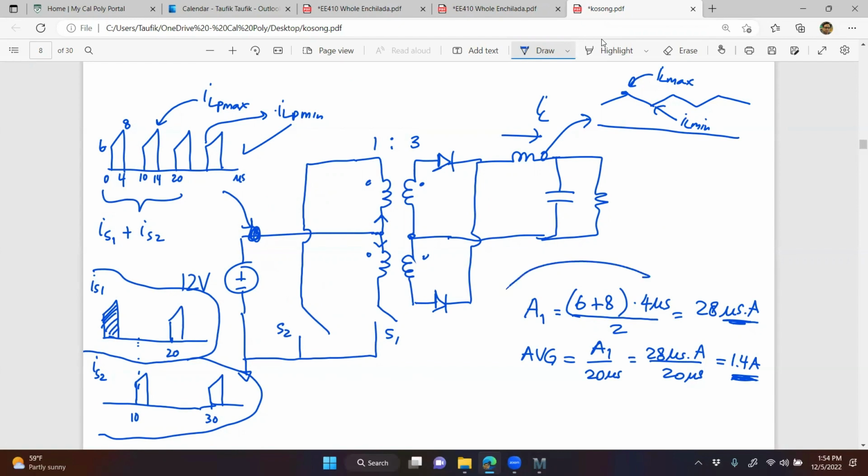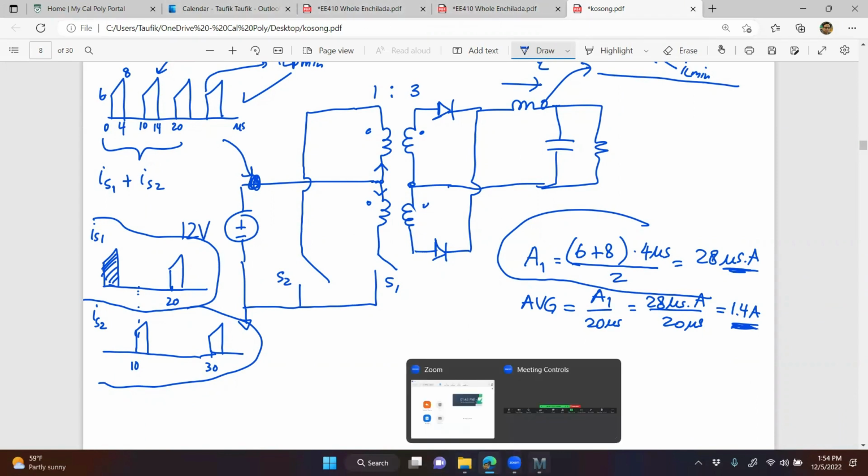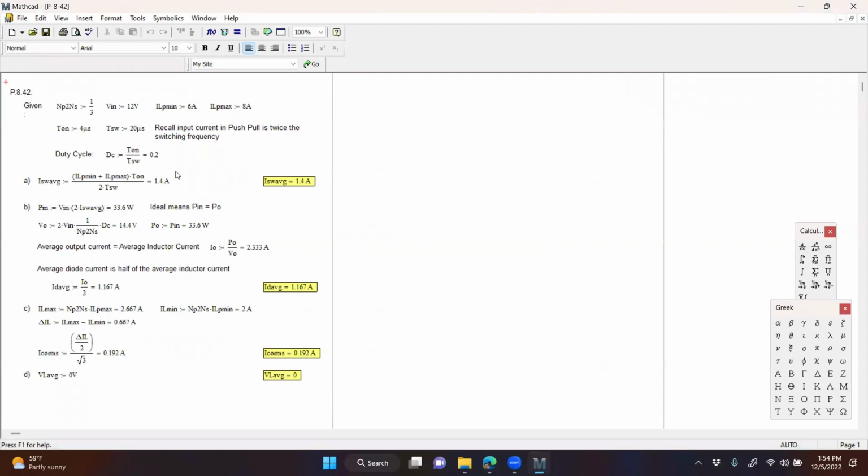So that's exactly the same as what I did here, right? It is exactly the same. But this is the area instead of the average of the inductor current. Yes, it is the same, but when I use it to solve part B, it doesn't work like that. First of all, this is area; I'm finding area right here.